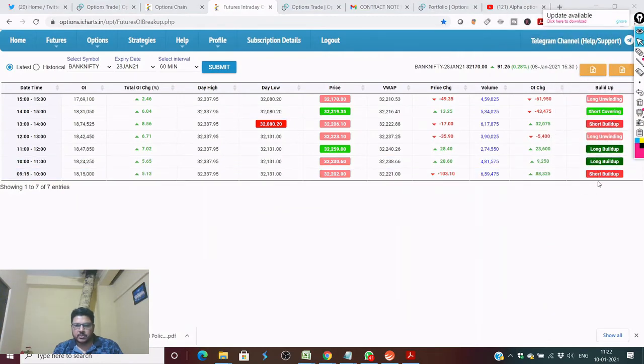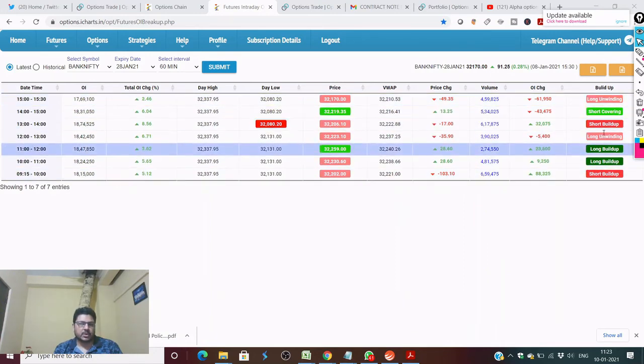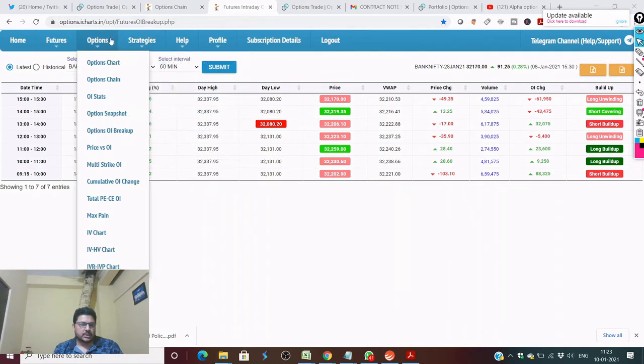If there is more short build up and added volume, then you can say it is going to be a bearish market. If it is more long build up with high volume, then you can say the market is going to be bullish. So always look at the open interest.